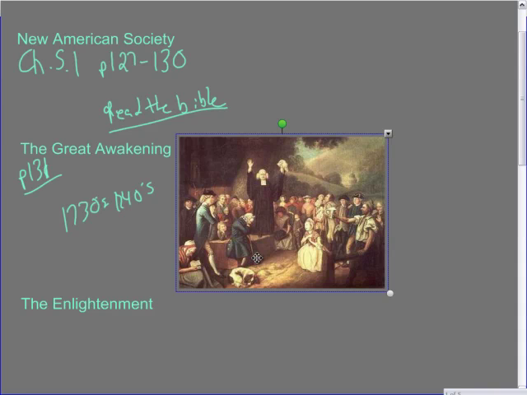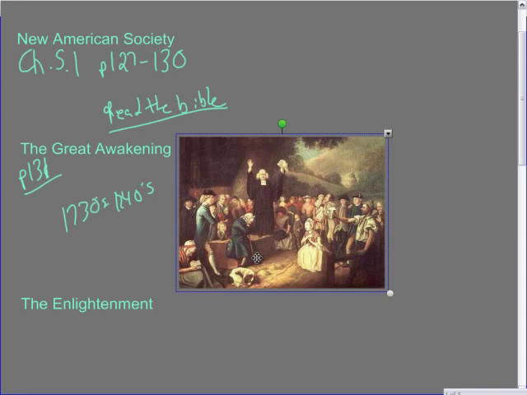So what would happen is little churches would break apart, and then there would be two churches where there was one. So what you see is that happening all over America, and that changes the way people live, because there's more churches, there's different types of religions, there's different churches being set up and different beliefs and all this kind of stuff.